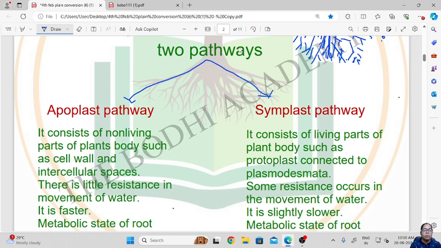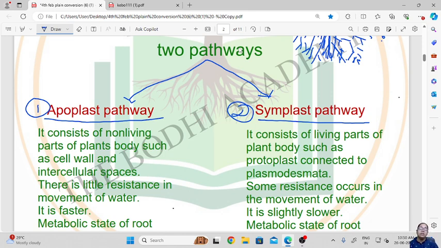These are the two pathways which help in absorption of the water by the root hair and then transporting it to the xylem tissue. So how these pathways work, that we will learn now.